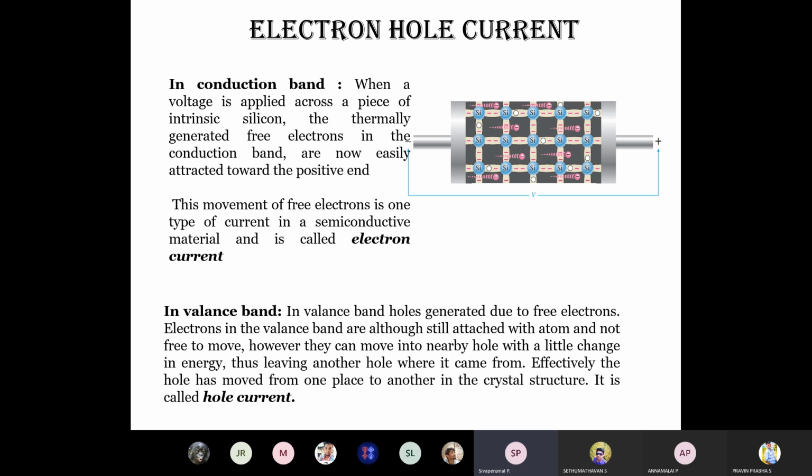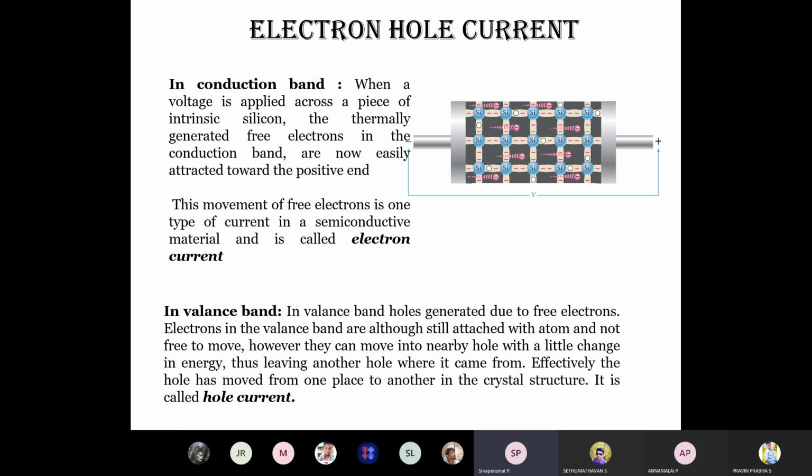Whenever supply is given, energy is given to the particular diode or any kind of material. When supply voltage is applied across a piece of semiconductor, there are two types of semiconductor device available: one is the intrinsic semiconductor, the other is the extrinsic semiconductor.